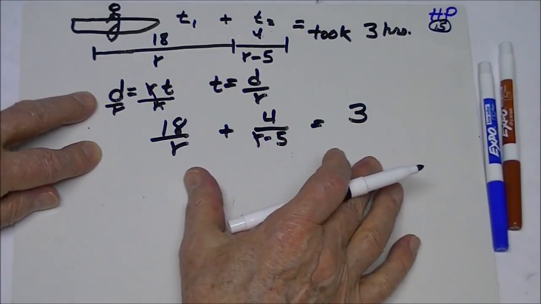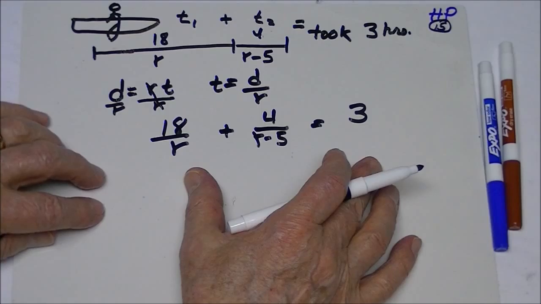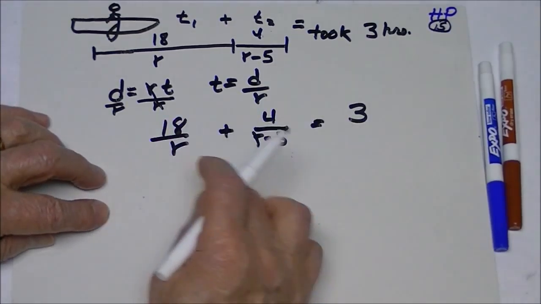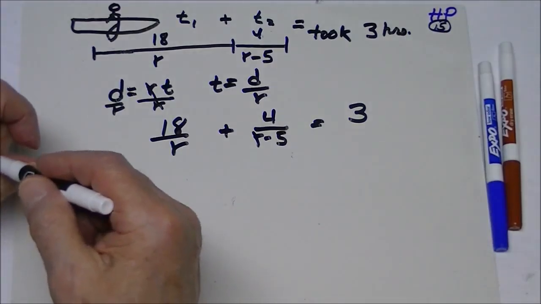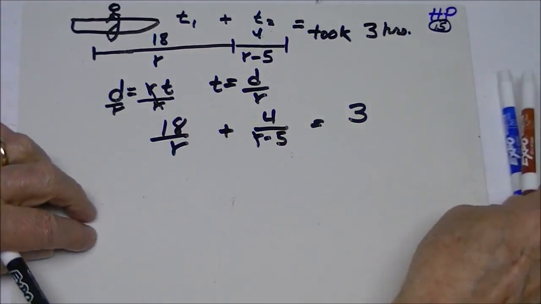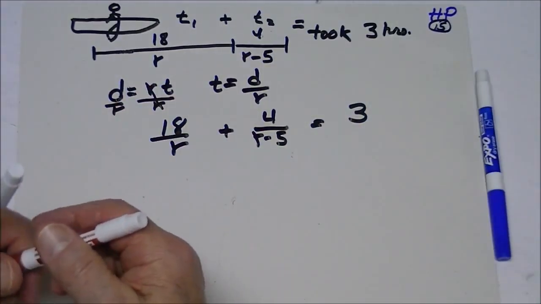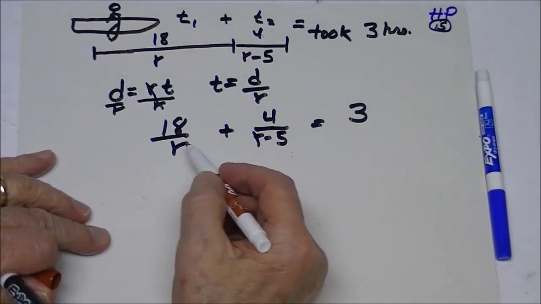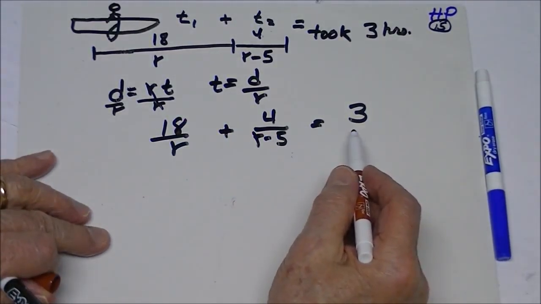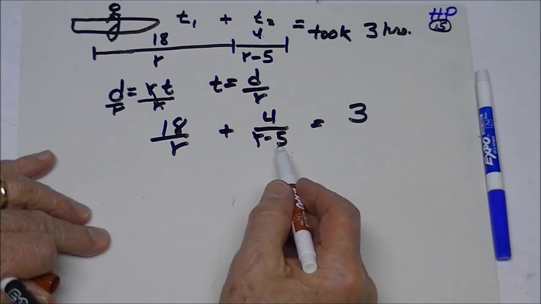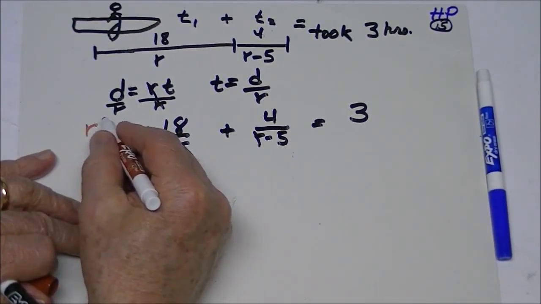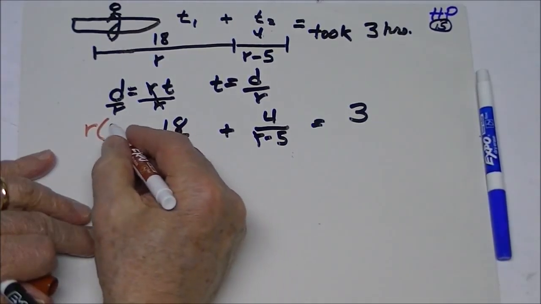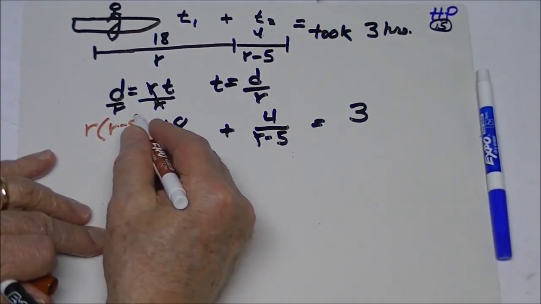So now we go back to a previous module where we had equations with fractions in it. And the rule is, how do we get rid of the fractions? Well, we said we multiply each term by the lowest common denominator, which in this case is r times r minus 5.